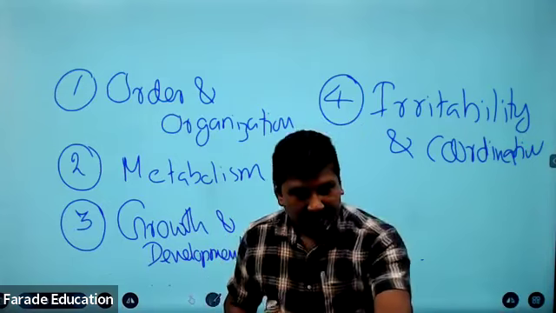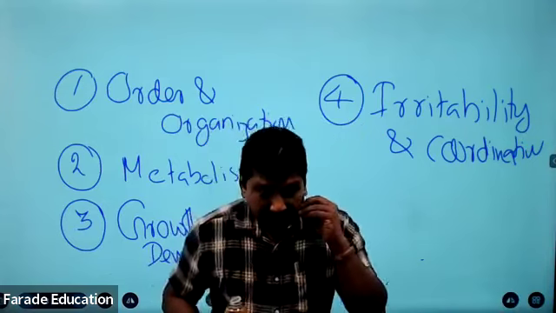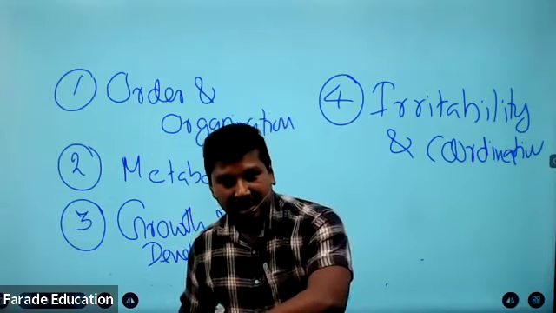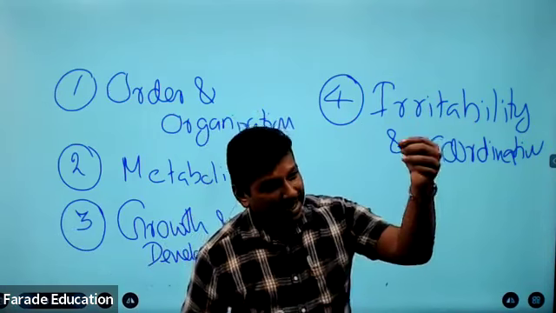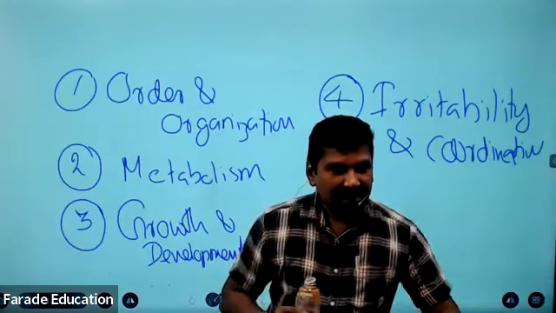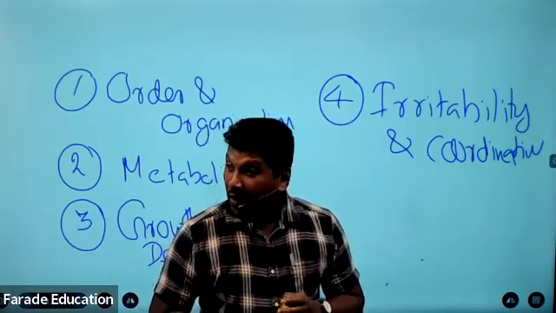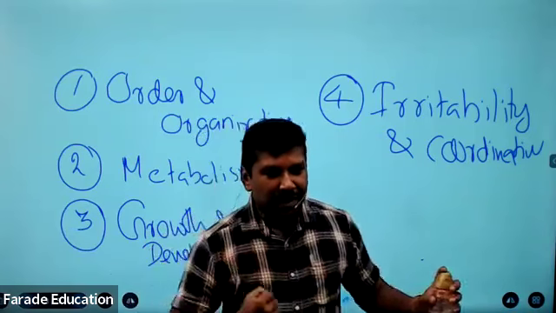If you feel hungry, you go and eat something. So that is an internal stimulus, and the way you respond is you eat. Thirst is your internal stimulus. The way you respond is you have some water, right? Somebody else is coming to hit me. I'm going to fight with him.